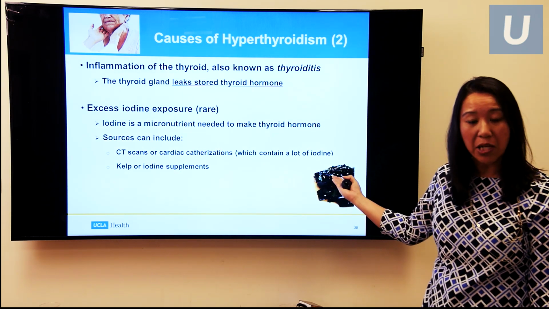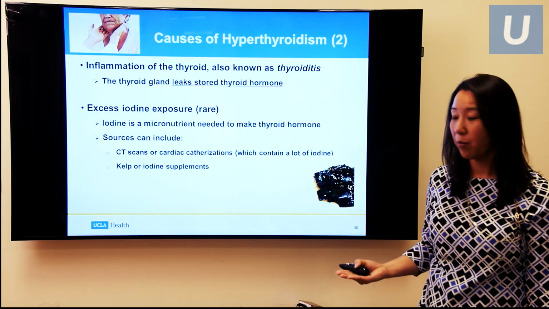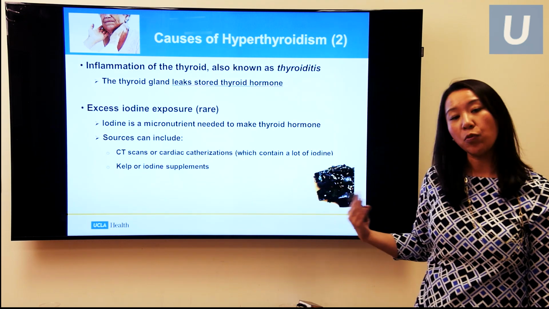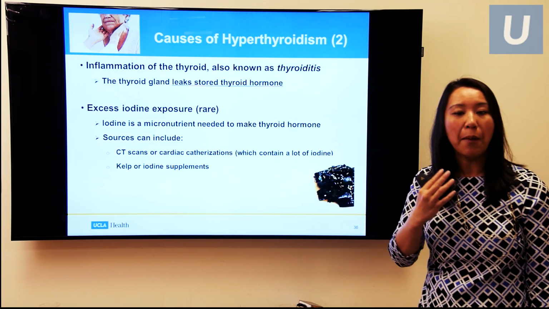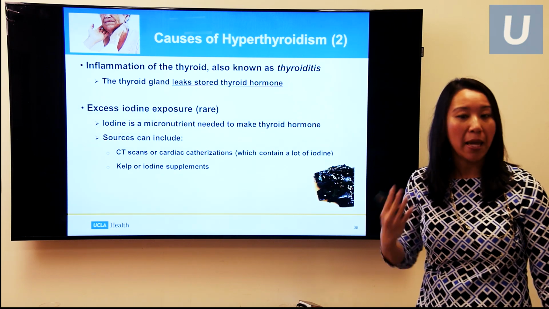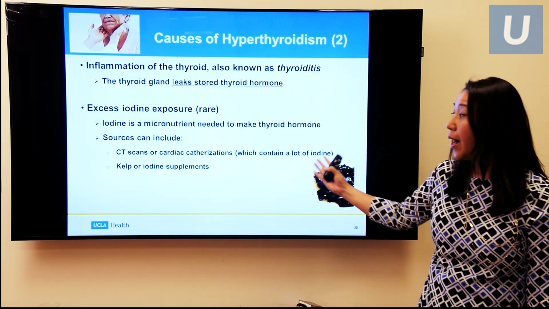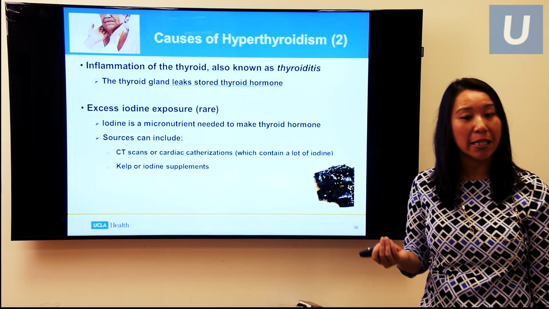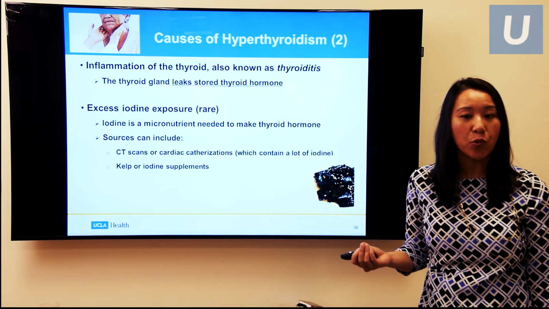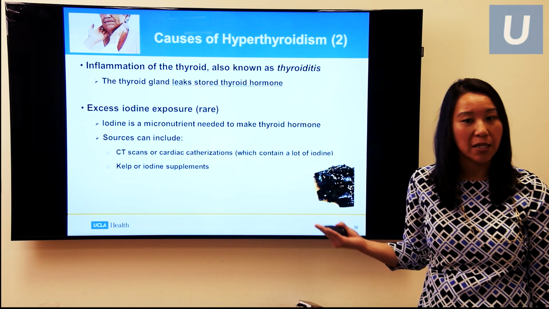And these things are very necessary for imaging that you might require for other problems. But as a result, that excess exposure to a lot of iodine all at once wants the thyroid to suddenly make excess thyroid hormone. Iodine is also naturally found in kelp, or people can find it in iodine supplements, and this poses an increased risk for developing hyperthyroidism for the same reason.